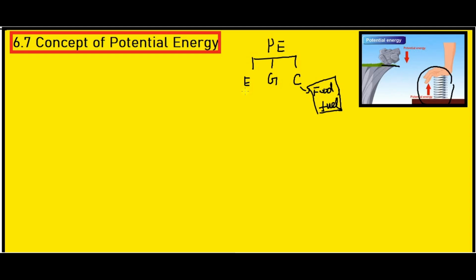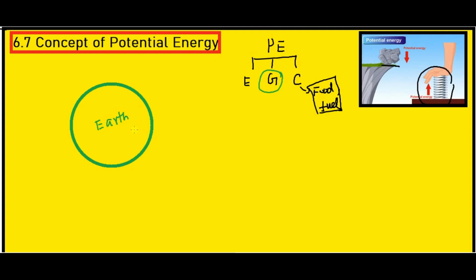In elastic potential energy, the energy is stored inside the elastic materials in terms of compression or elongation. Now we are going to focus on gravitational potential energy. We all know that Earth has a gravitational force that pulls objects towards the surface.